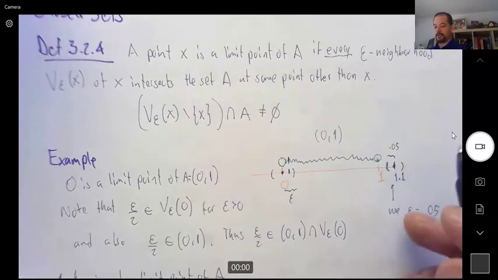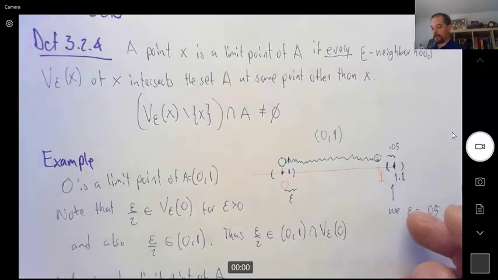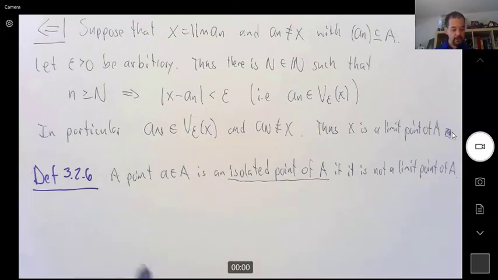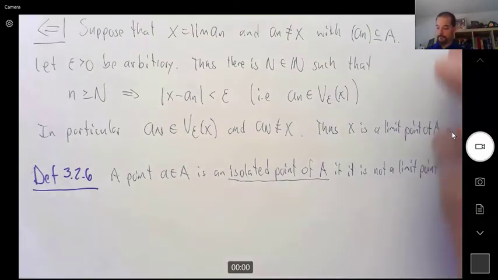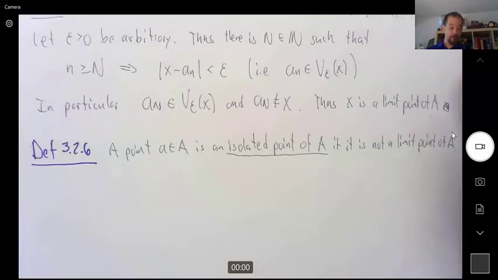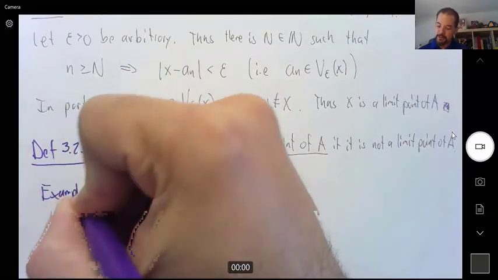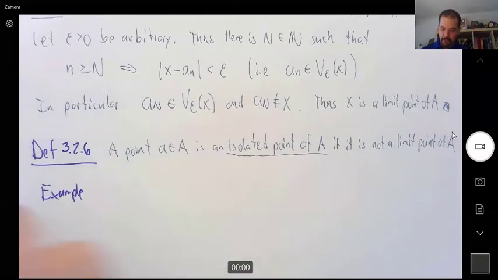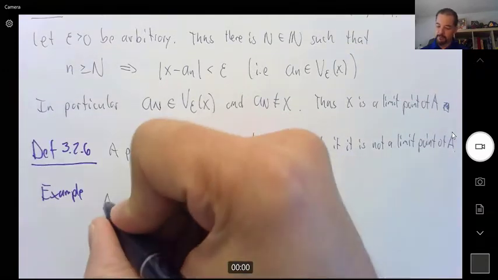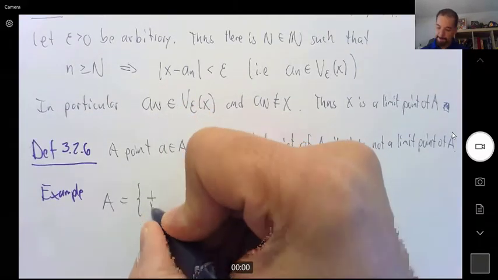Now, I'll give you a different example where we have points that are actually in the set, and that are isolated, so you could see. So here's an example. Let's look at our old friend, the sequence 1 over n. So A will be this 1 over n.